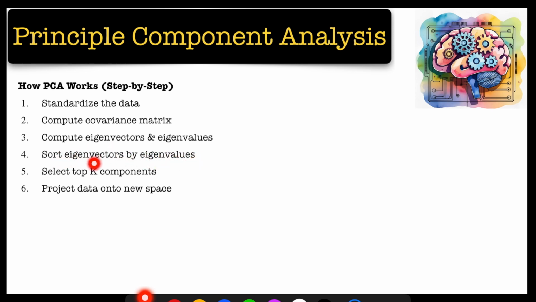The eigenvectors will be the principal components. We'll sort the eigenvectors by eigenvalues and pick the top k, or largest k, components. Then we'll project the data onto this new space, or new principal components. That's how we do PCA.